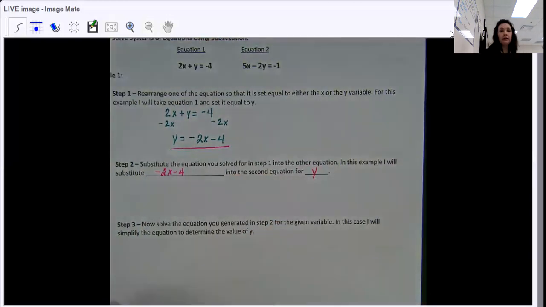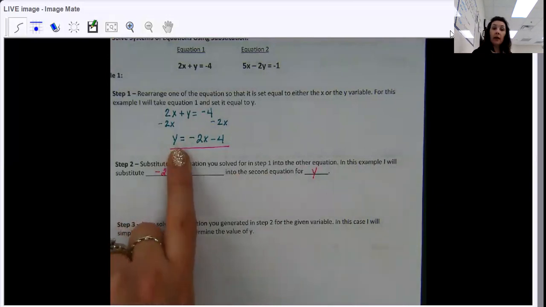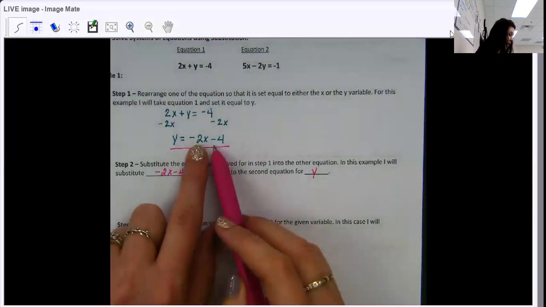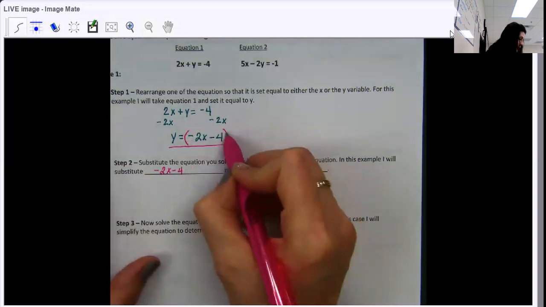All right, let me explain this. When I rearrange the equation and I set it equal to y right here, you can look at this equation and you can say, okay, well, y is -2x minus 4. Well, if that is what y is already, I can take this right here and put a little parenthesis around it.